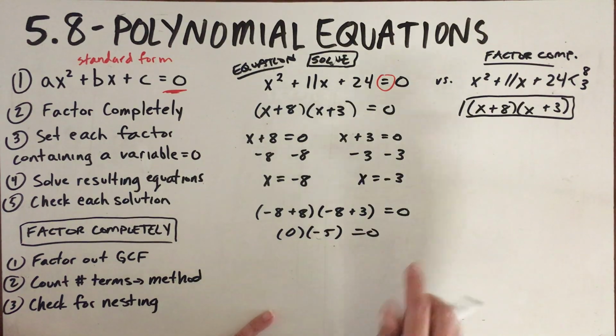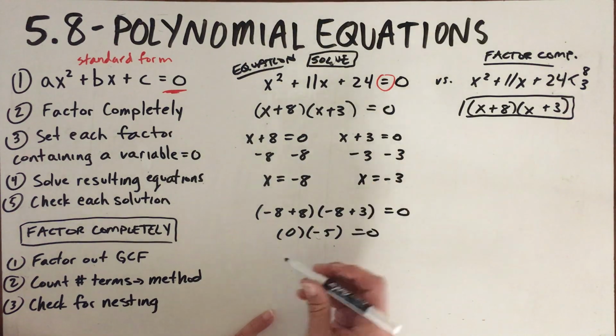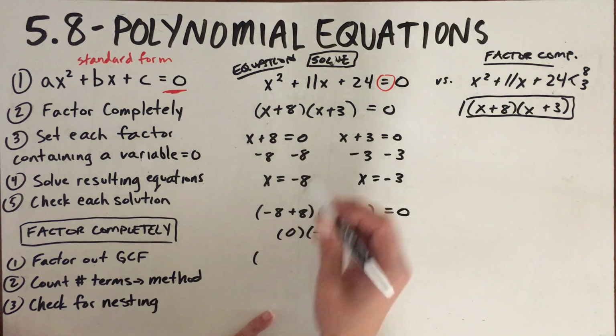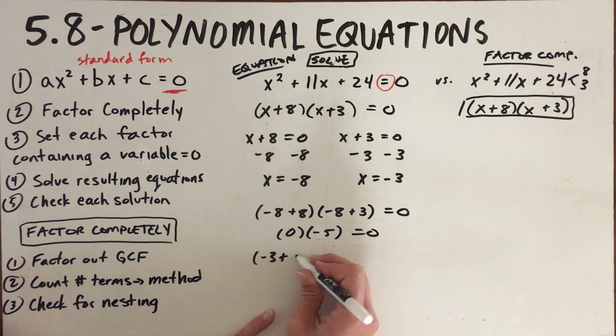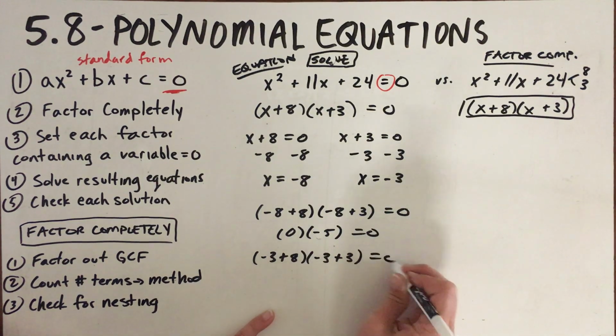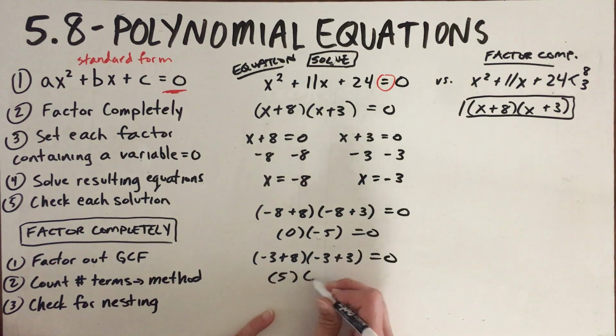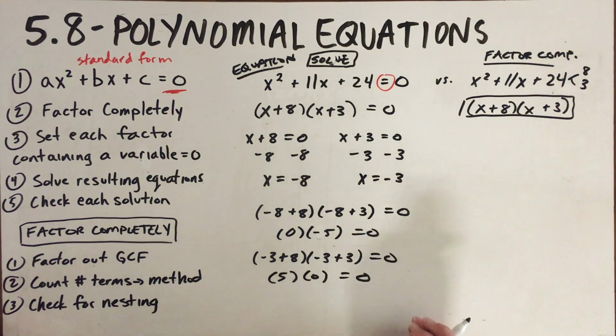If I can make either one of these factors 0, then this whole thing would be 0. Let's substitute a negative 3 into these factors. Again, this is 0, so 5 times 0 is 0. This is why I'm setting each factor that contains a variable equal to 0.